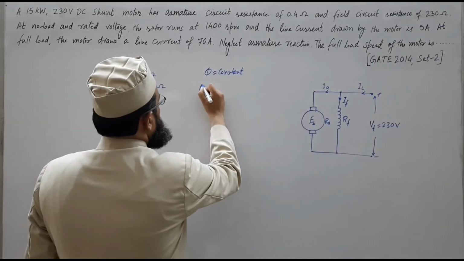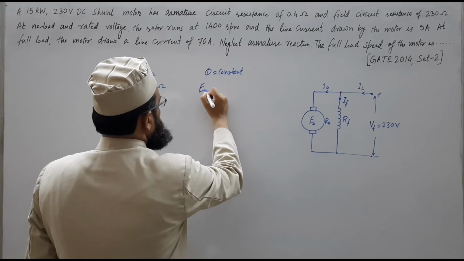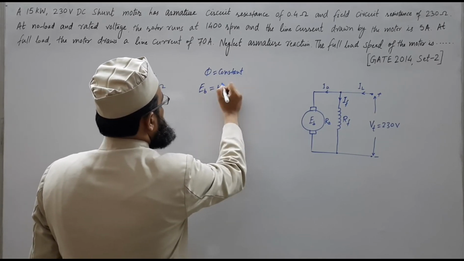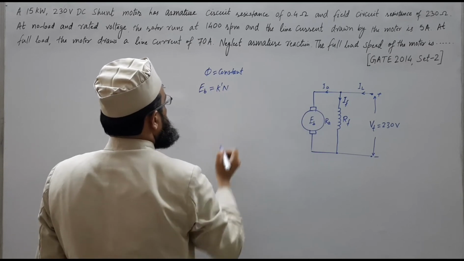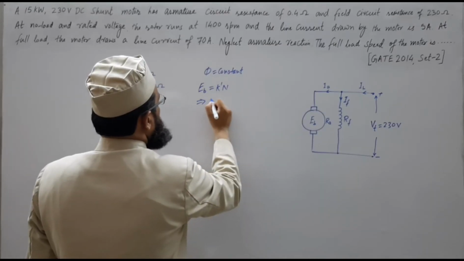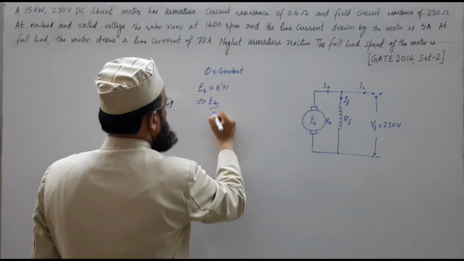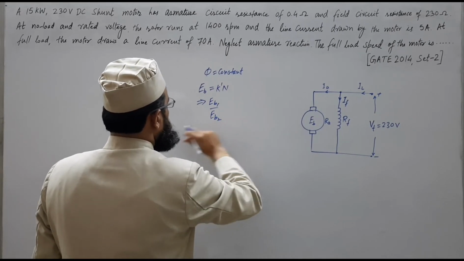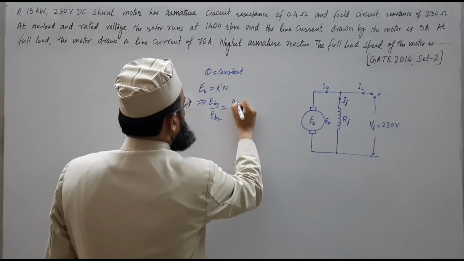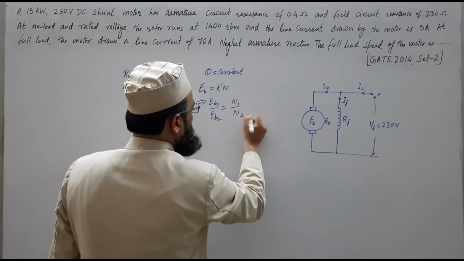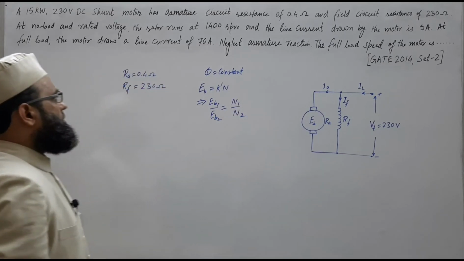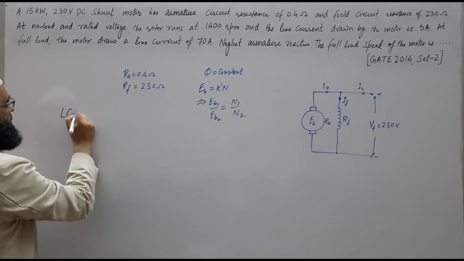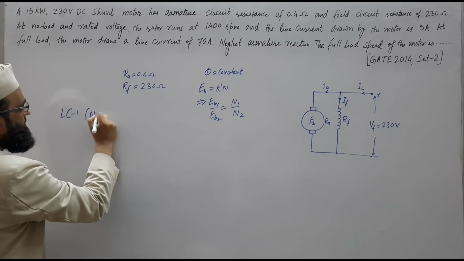So remember, since phi is constant, EB is some constant times K phi together, K dash N. Therefore, we may write EB1 by EB2 at 2 different loading conditions, no load and full load, equal to N1 by N2, right? So let us write loading condition 1, that is no load.